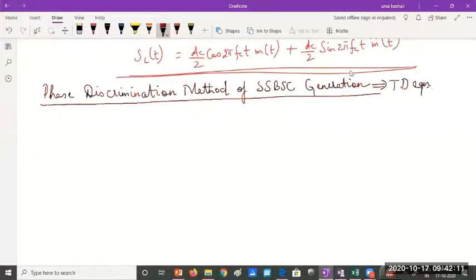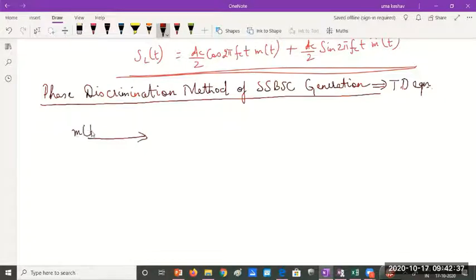So whatever equation you have in the time domain, that is implemented in the form of a generation technique. We will draw the block diagram exactly to implement the equation. So based on this equation, can you tell me what blocks should be included?